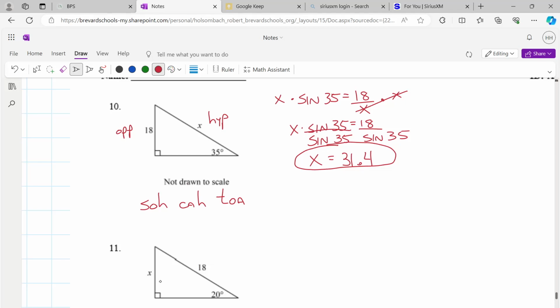And then in problem number 11, again, in relation to the angle, we've got opposite and hypotenuse. Opposite and hypotenuse is sine, so we're going to do sine of 20 is equal to x over 18.